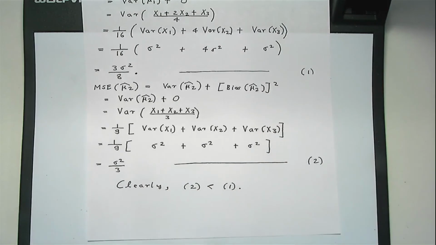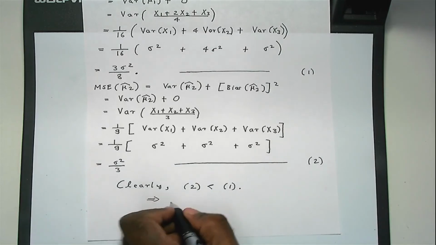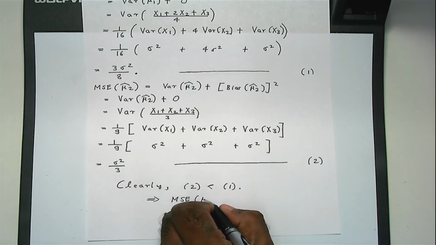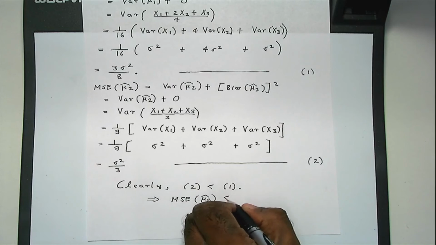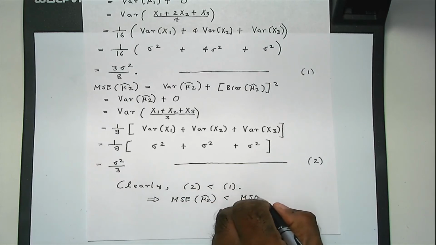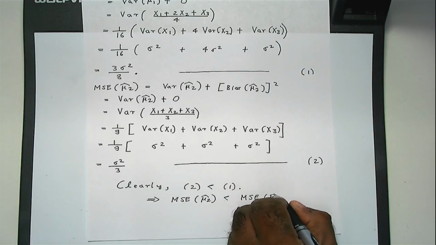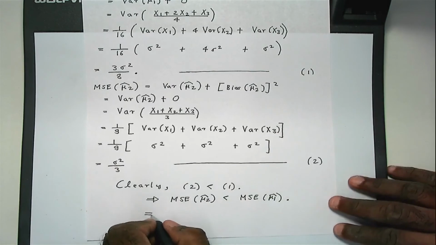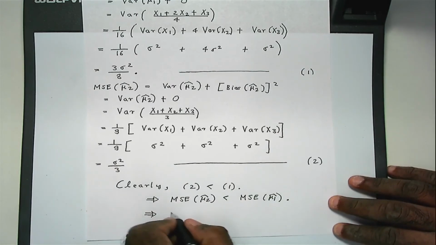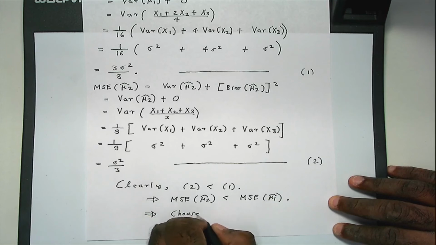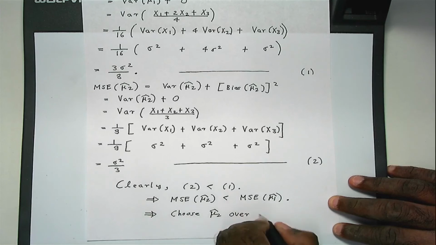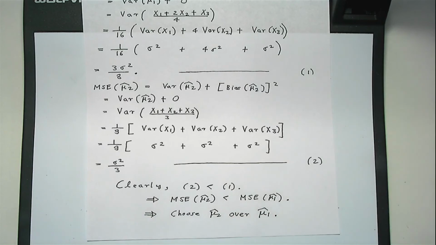Okay, which implies that the MSE of the second estimator is less than the MSE of the first estimator. So this implies that we should choose the second estimator over the first estimator. Alright, so this completes example 9.